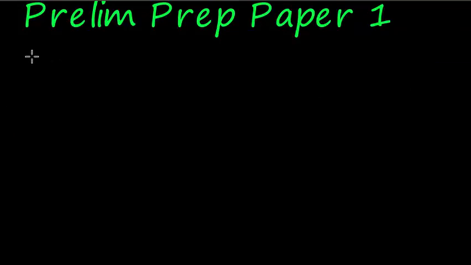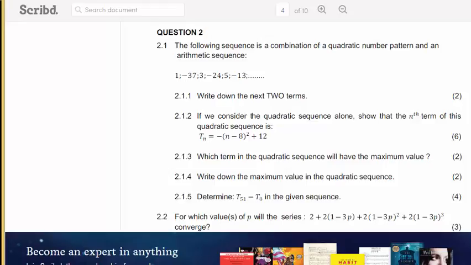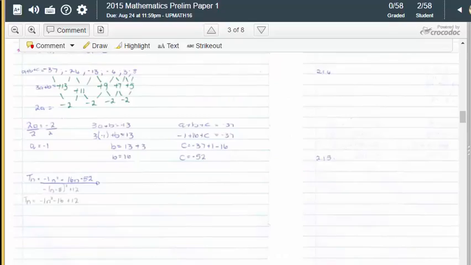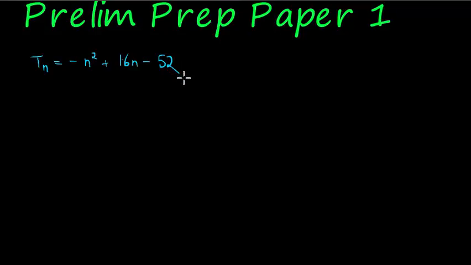But for example, here I have the general term is negative n squared plus, what was it, 16n minus 52. Was it plus 52 that you got? Okay, minus 52. Okay, so now what can I do with this one to get that other expression? Well, you can do one of two things. You can either simplify this one, minus (n minus 8) squared plus 12, and look what you get.